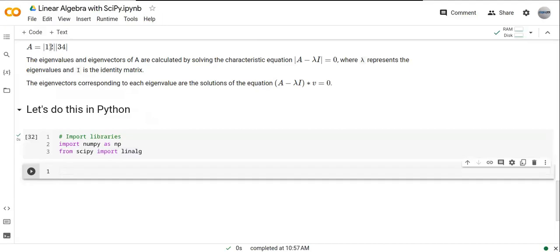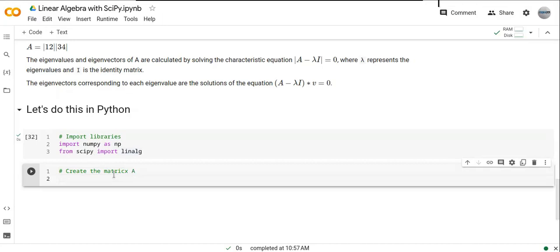The given matrix is already here, and let's create the matrix A with np.array: 1 and 2, and 3 and 4.